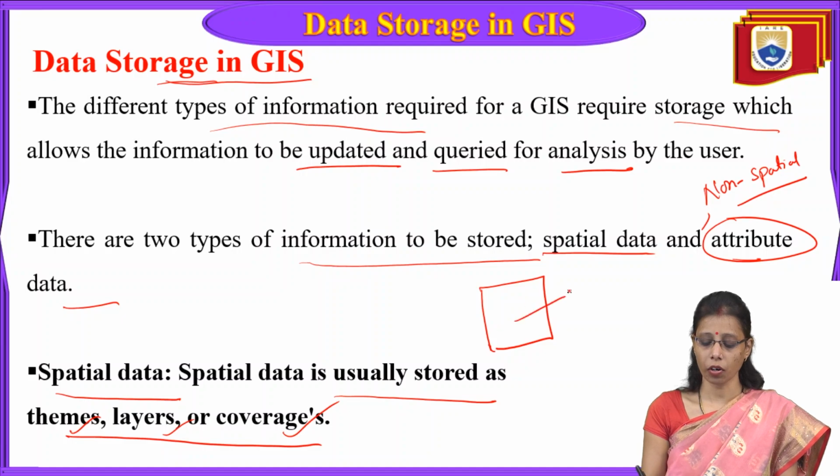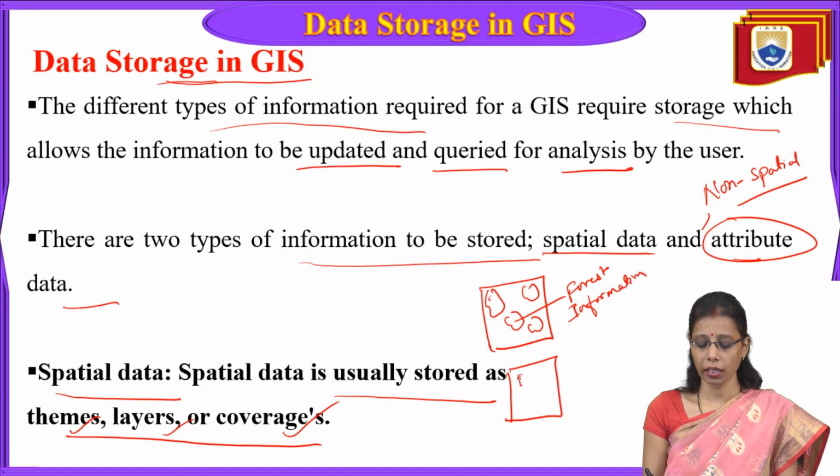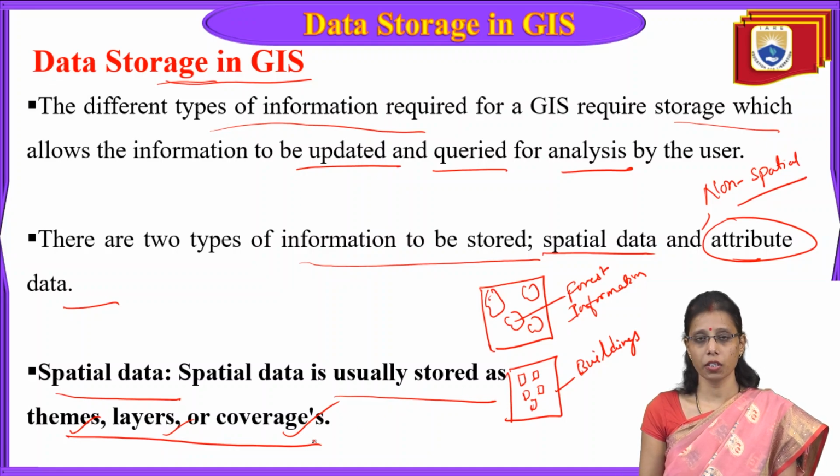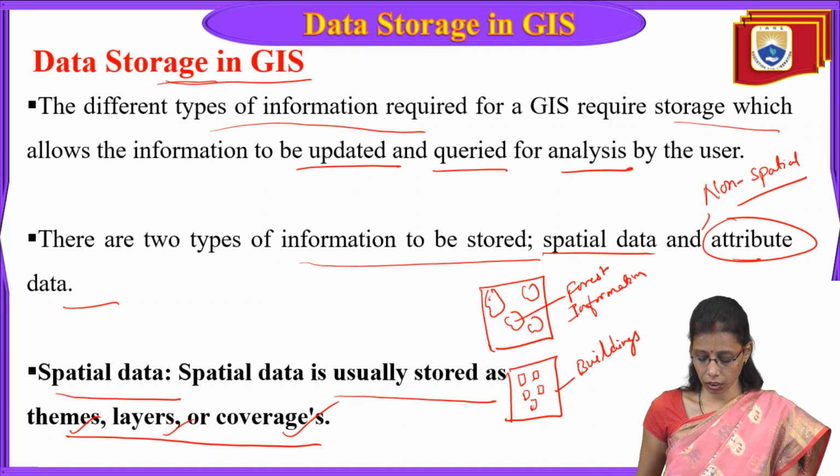When you talk about forest, this theme will be only forest. In the entire map, the forest information will be saved. Now if you talk about buildings, you have one more theme as buildings. So these are all layers, or we call them themes or coverages. We can store the data in the GIS.